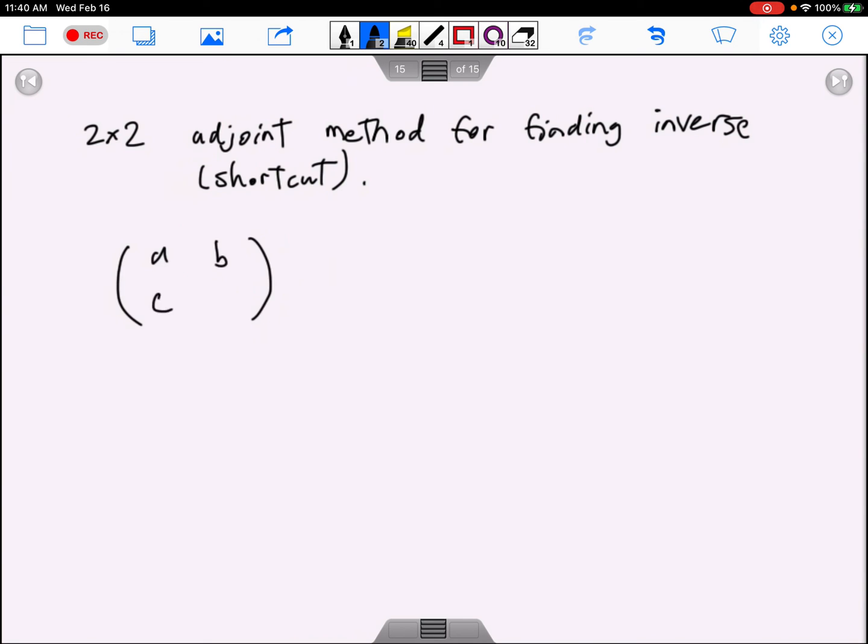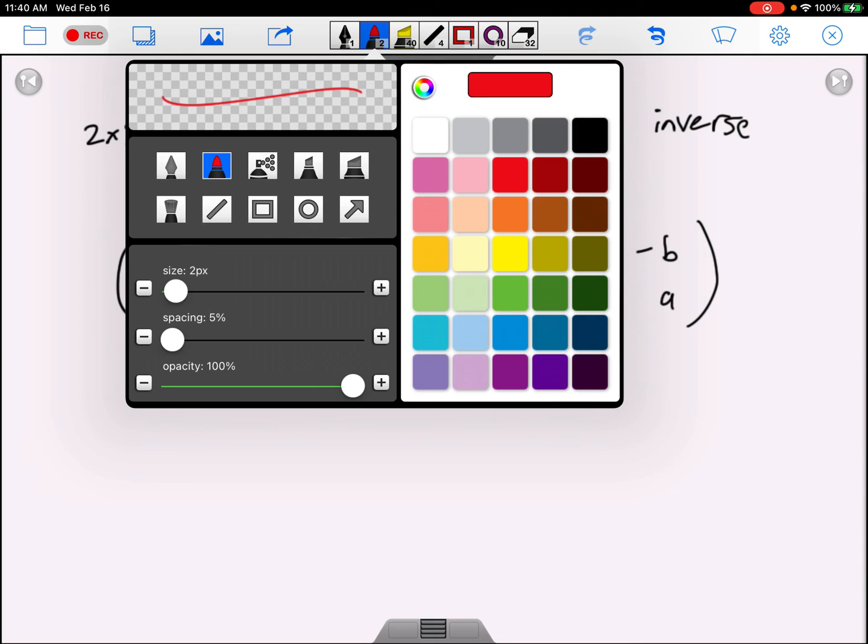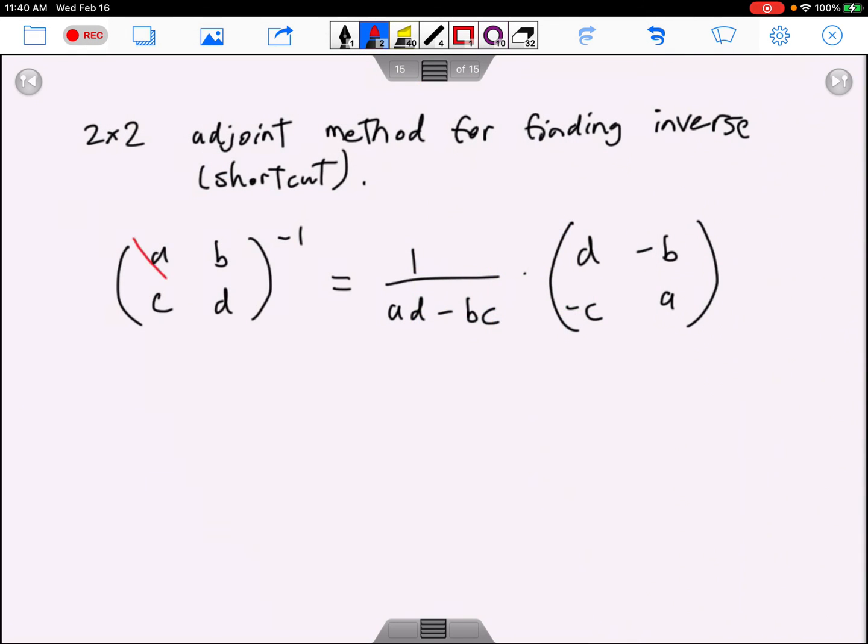The inverse of any 2 by 2 matrix is just going to be 1 over the determinant times the matrix D, negative B, negative C, A. One way you can remember this formula is these two guys get swapped. Notice that AD becomes DA over there.